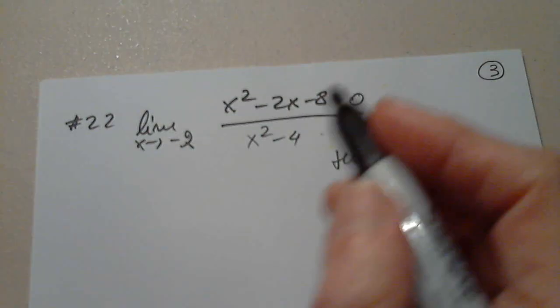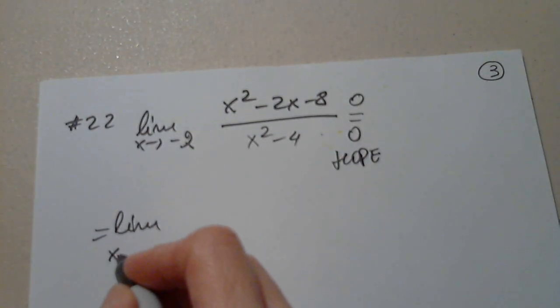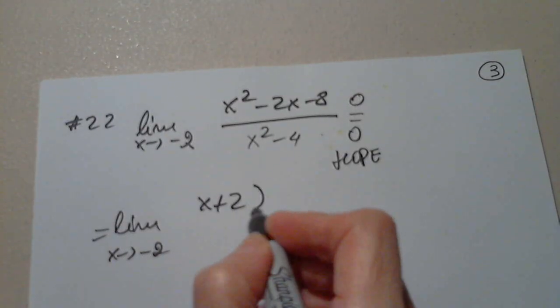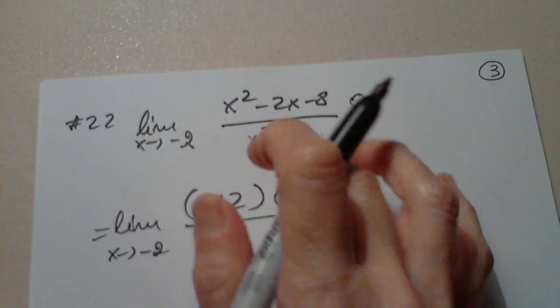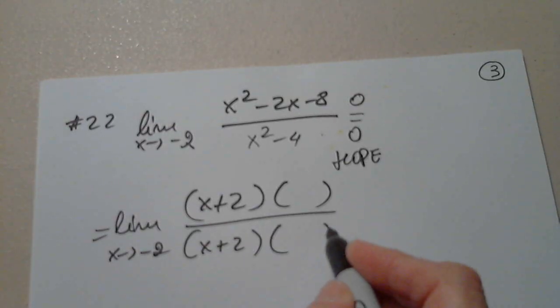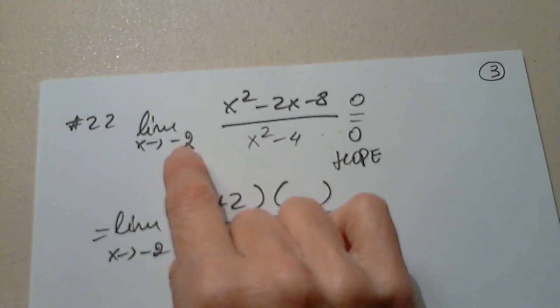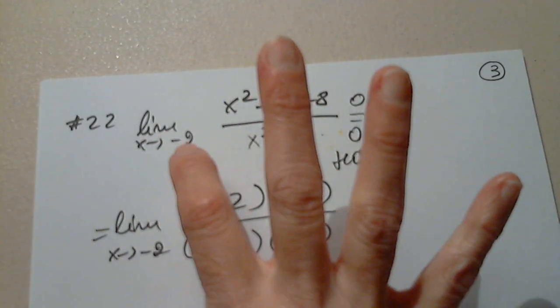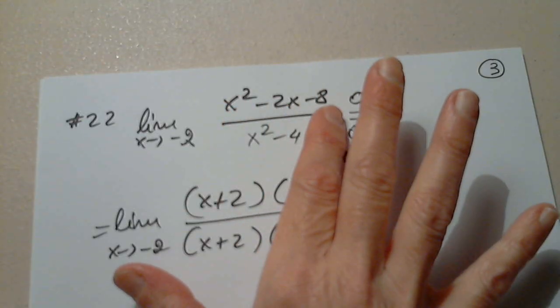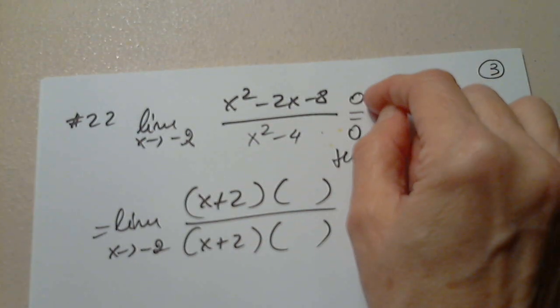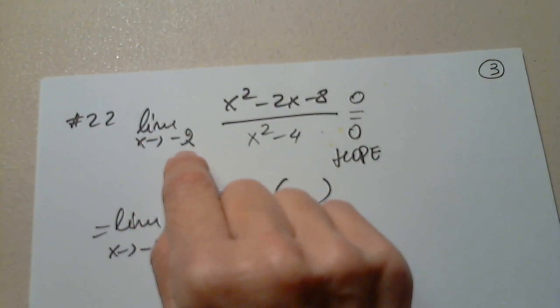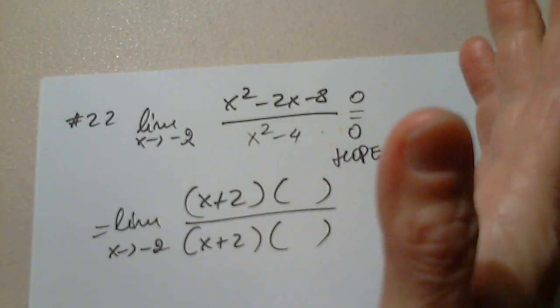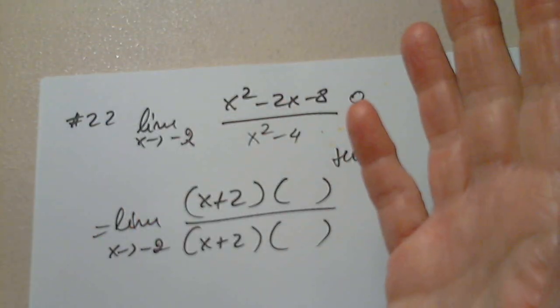So this should look like x plus 2 times something, and this one should also look like x plus 2 times something. How come? Because if you remember the remainder and factor theorem, when I plug a number into any polynomial and I get 0, it means that x plus 2, in this case, is a factor. If it were 2, then it would be x minus 2.